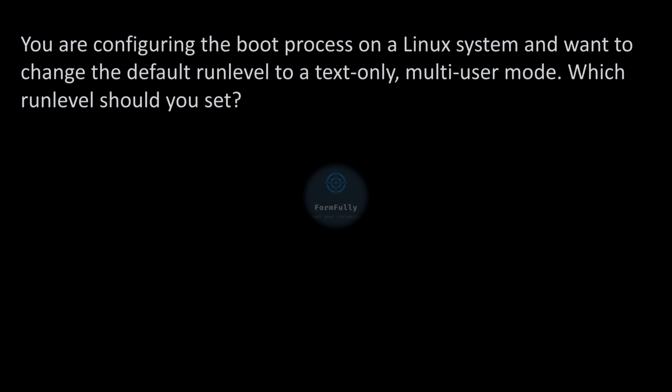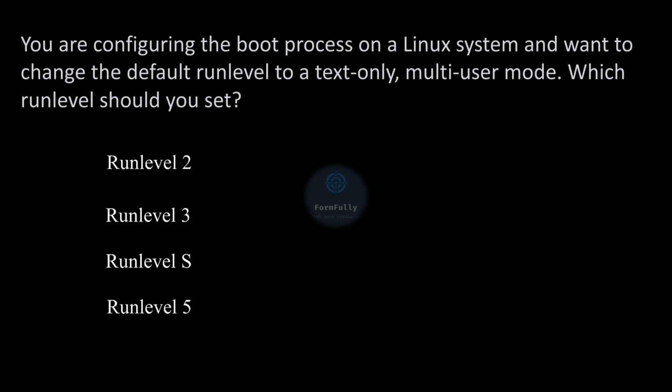You are configuring the boot process on a Linux system and want to change the default run level to a text-only multi-user mode. Which run level should you set? Options: run level 2, run level 3, run level S, run level 5. In this scenario, option 2, run level 3, is the correct choice.